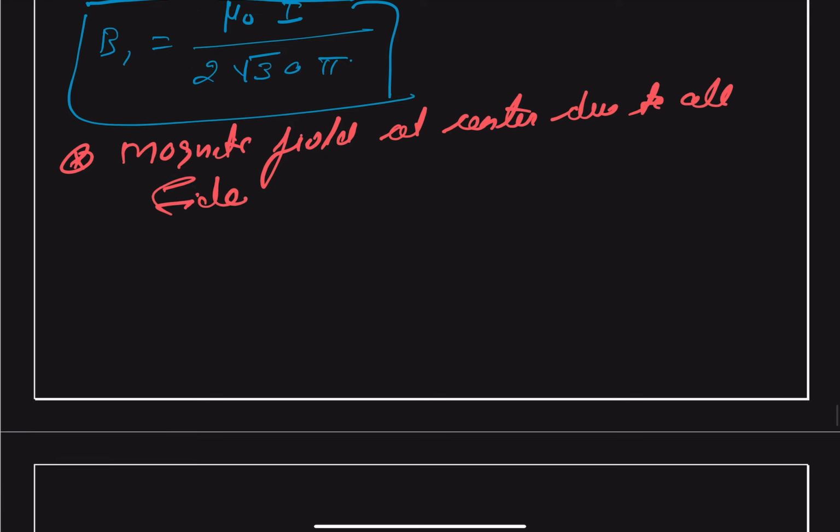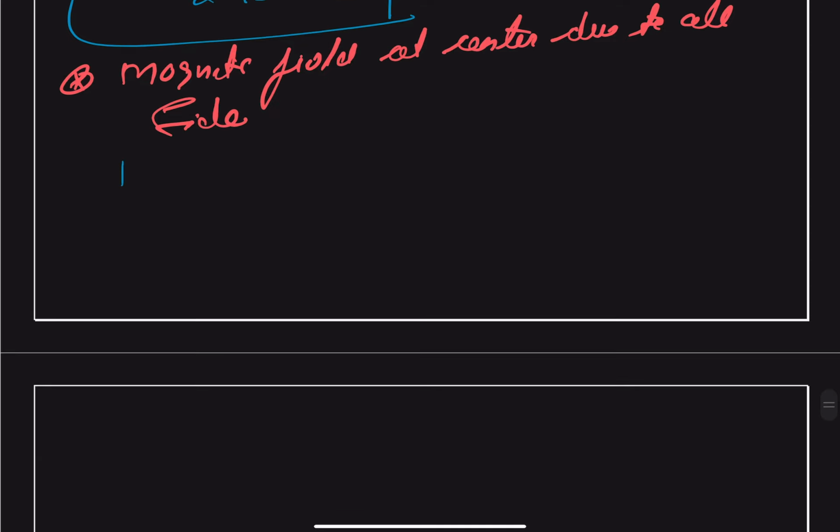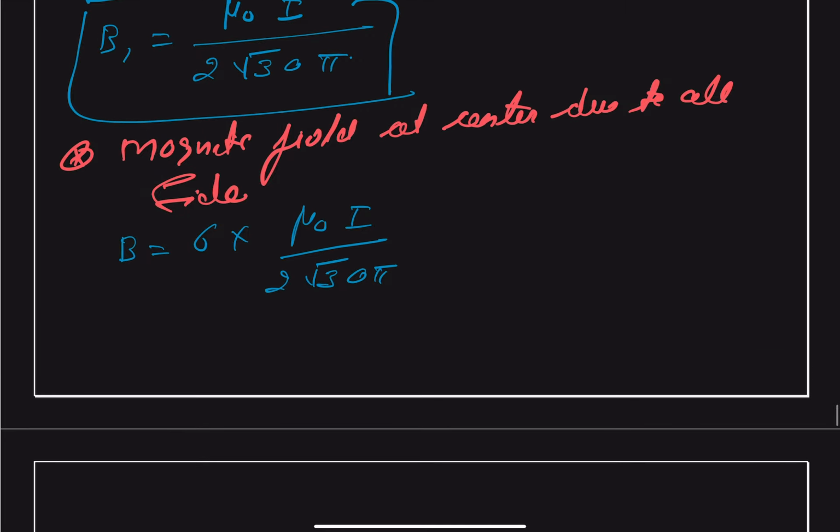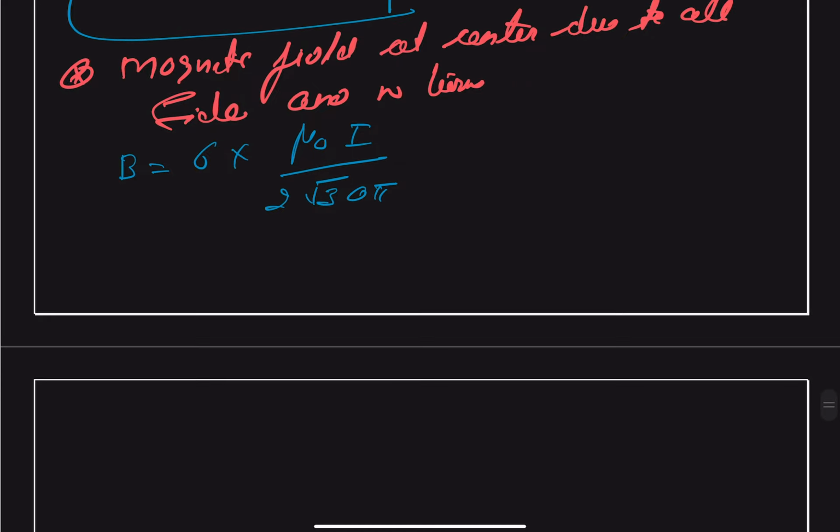So this is equal to B equals 6 multiplied by mu naught I upon 2 square root of 3 A pi for all sides, and for n turns, this comes as multiplied by n.